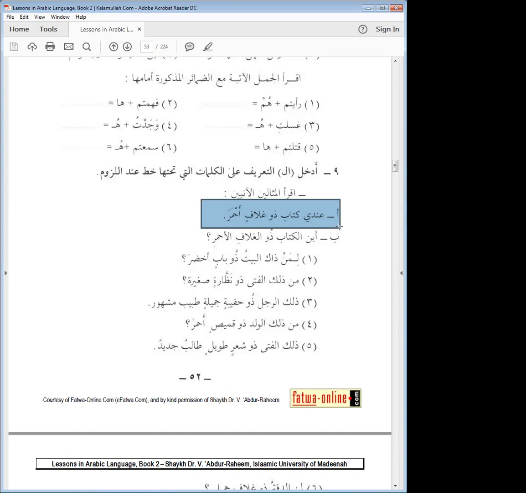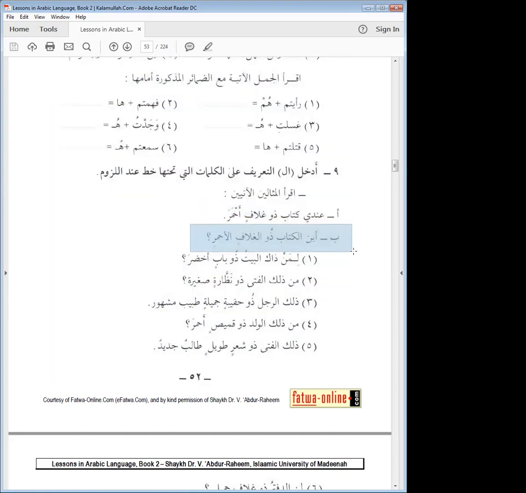That is because all the colors, in the masculine form, would be mamnu min as-sarf. So words that are mamnu min as-sarf would not take the kasra. All right, so that's why this has a fatha on it there. So, kitabun zu ghilafin ahmara. I have a book with a red cover. Good. So that's indefinite, right?